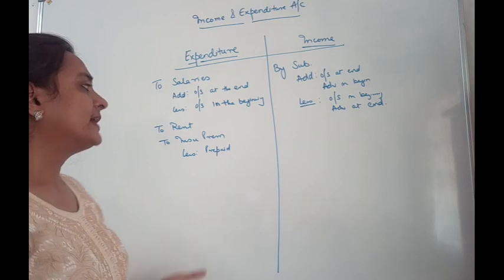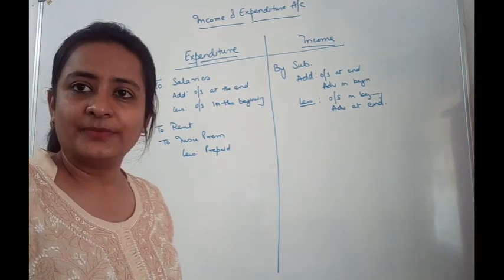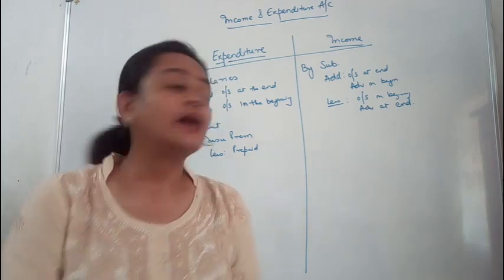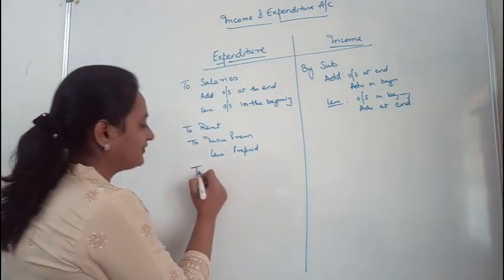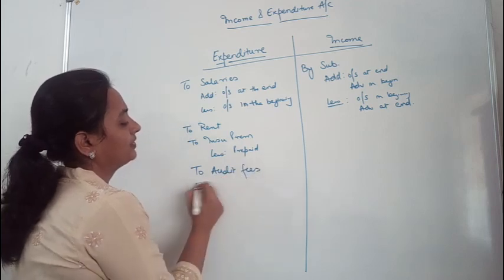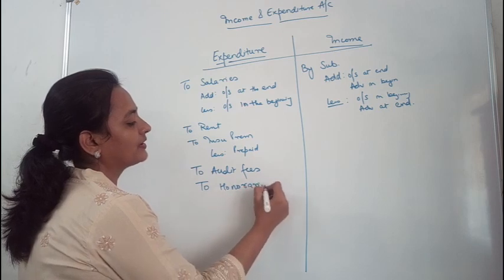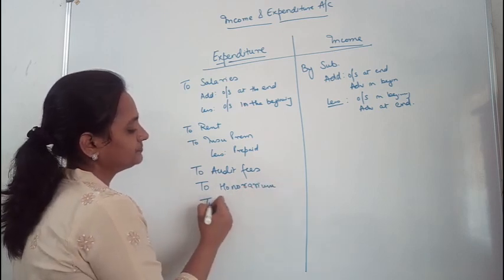Apart from this, there are many other things which form a part of your expenditure. For example, our audit fees, the honorarium which we pay. I have already explained what honorarium is in the last video.